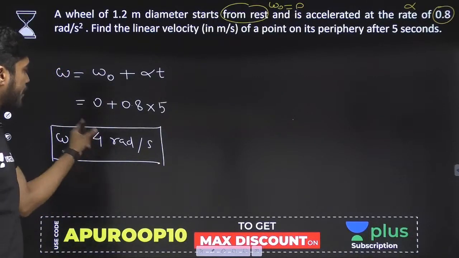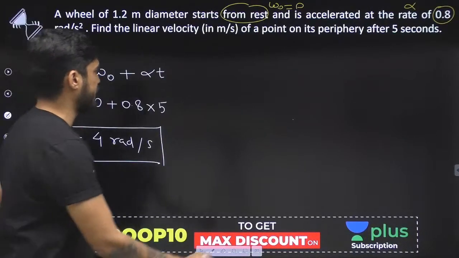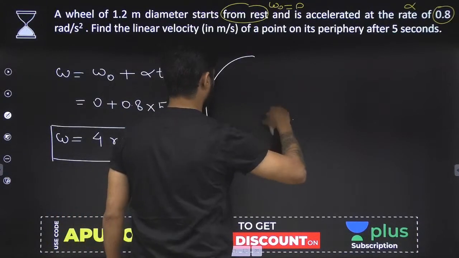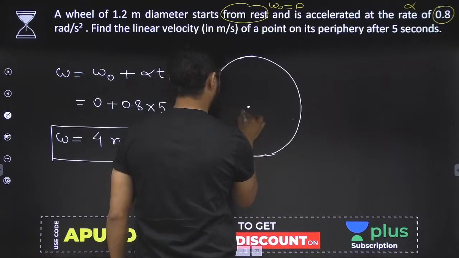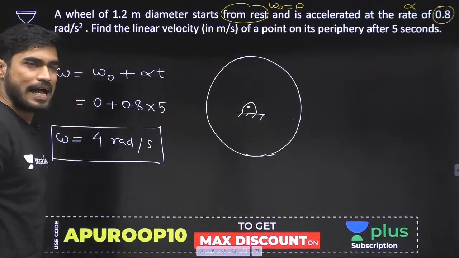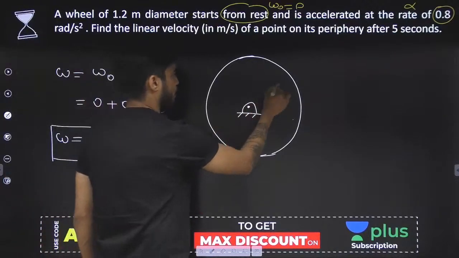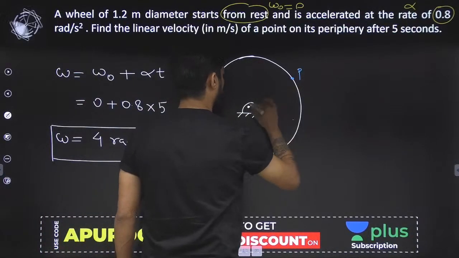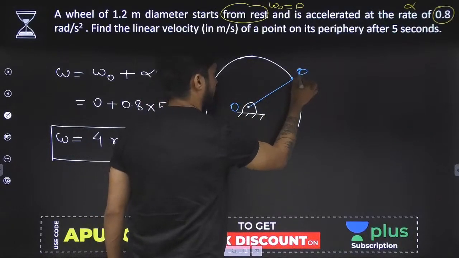But I don't want angular velocity, I want linear velocity, right? So this is the wheel, rotating about the center. Now I want the velocity at a point on the periphery. What will be the radial distance?